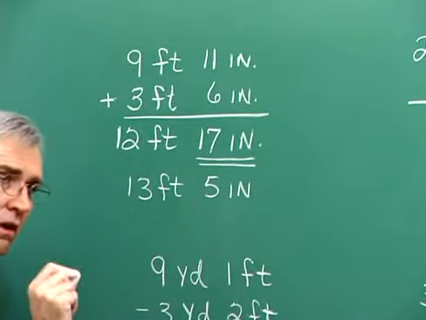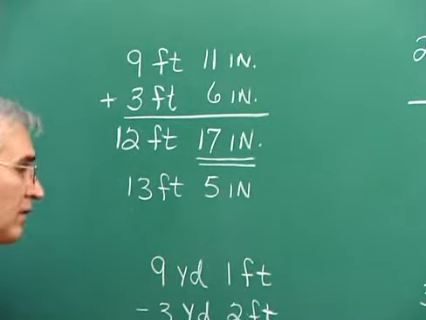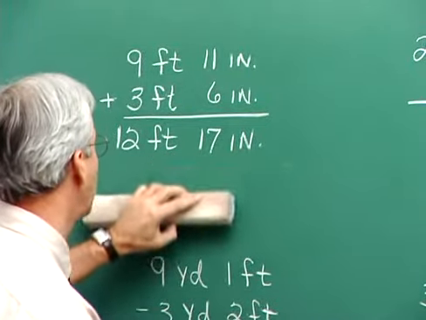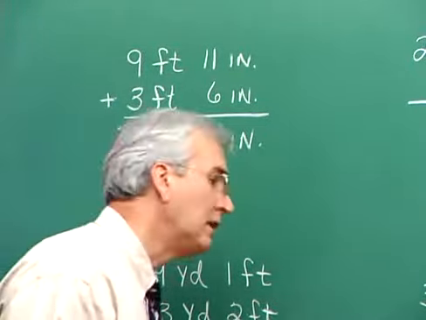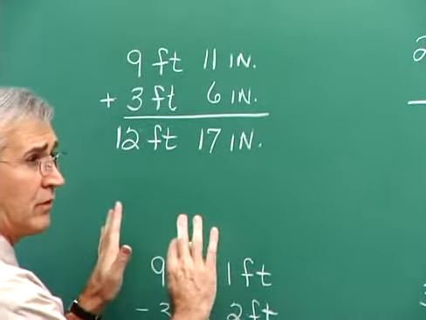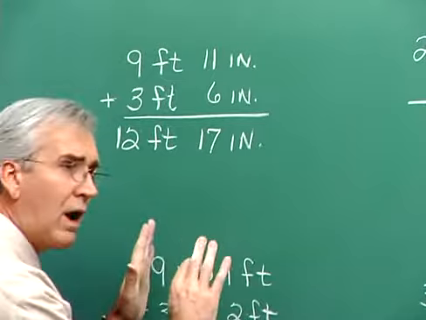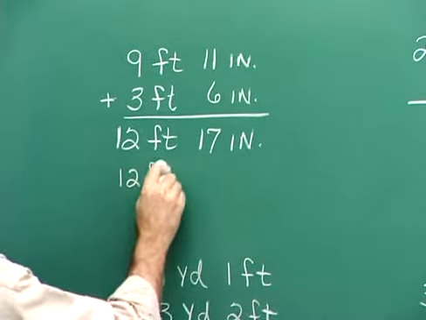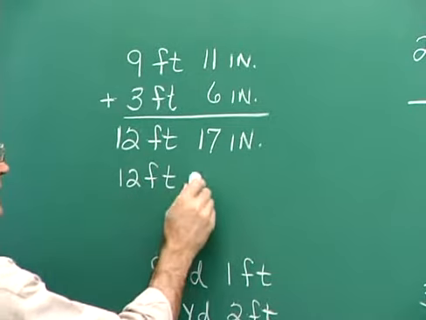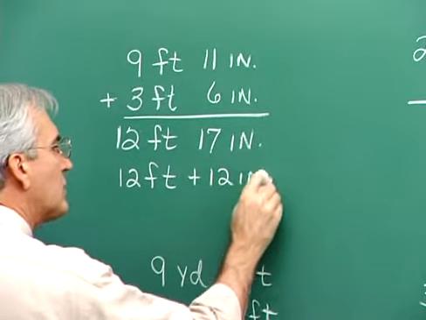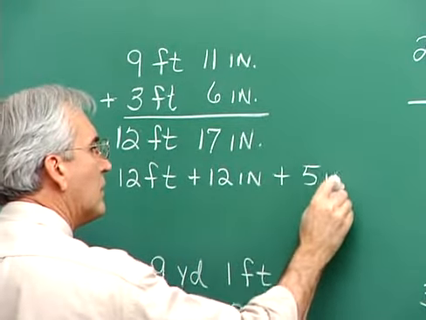Now, as I say, there are a lot of ways of thinking about this. There are a lot of ways of writing what you're thinking. Here's another way to write the similar idea. We can go through this kind of process. And this might be a thought process that we go through, but we really don't actually write all of this down. But it's the notion that we have 12 feet, and 17 inches is really 12 inches plus 5 inches.